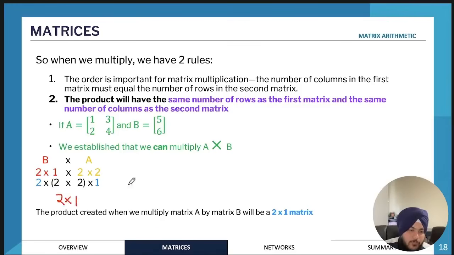Multiplication is a little bit different to addition or subtraction. You're not just going to multiply the numbers in the same position. You need to use these two rules before you do the matrix multiplication.